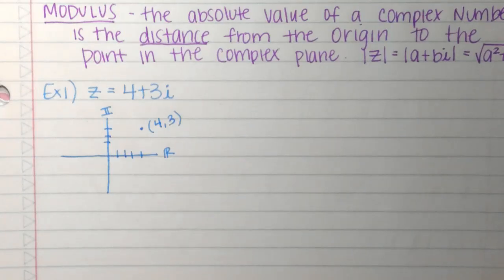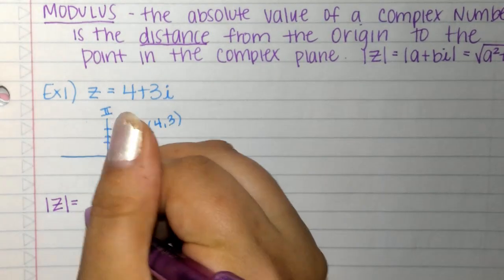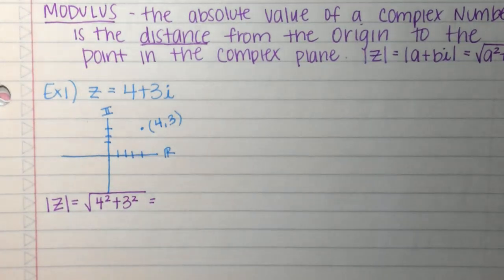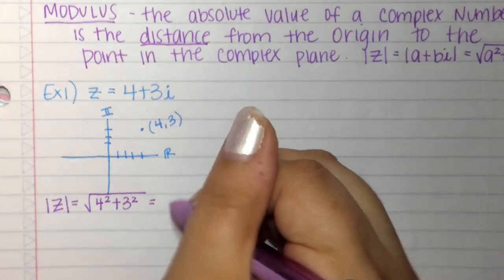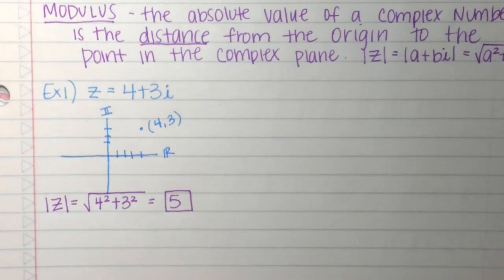Y'all agree with that? Cool, we graphed it. Now can we find the modulus? How? Pythagorean theorem. What is 4 squared plus 3 squared? Square root it. 5. And that's it. That is graphing it.